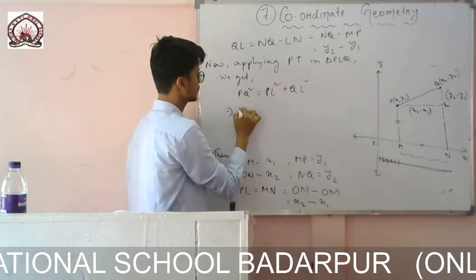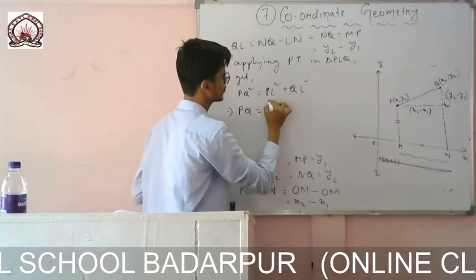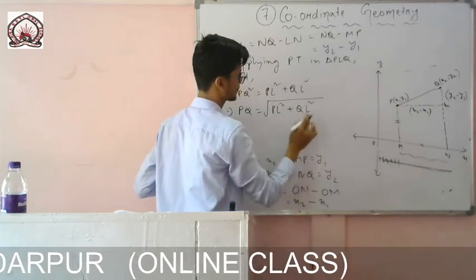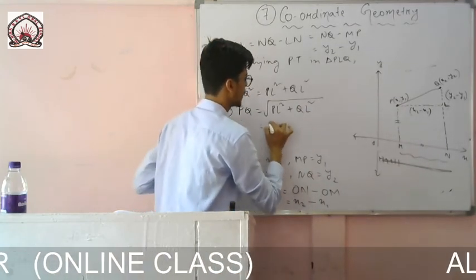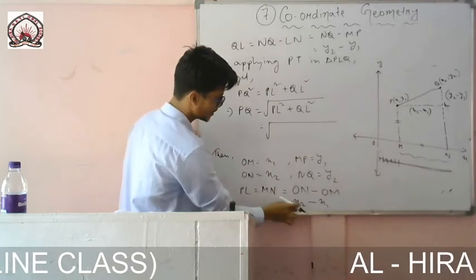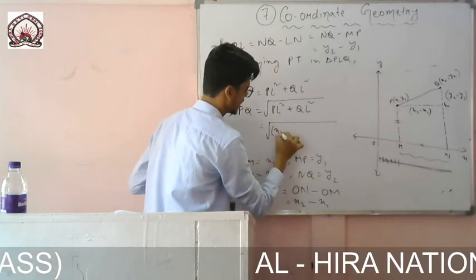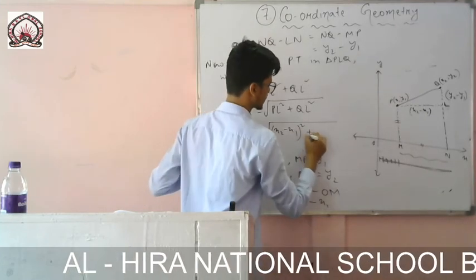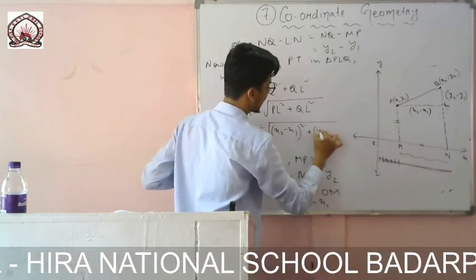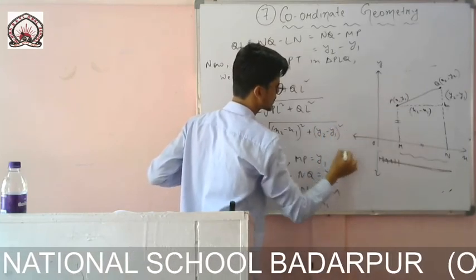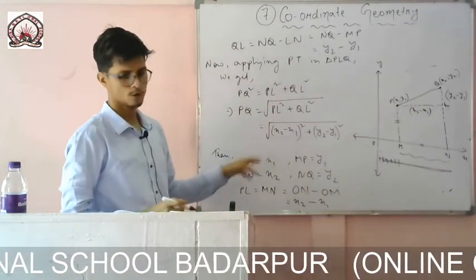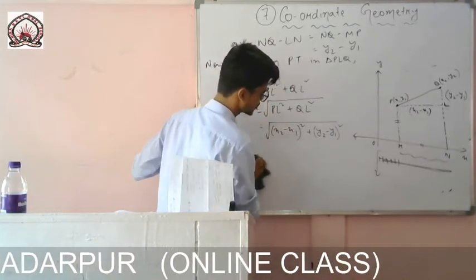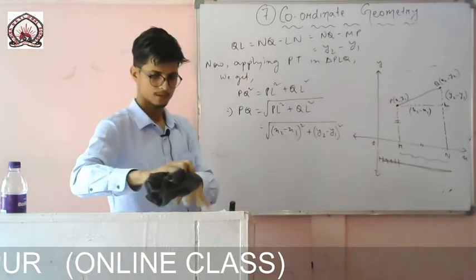If I remove the square from this side, it will be root over PL square plus QL square. Now PL, what is the value? It is x2 minus x1, squared, plus QL, which is y2 minus y1, whole thing squared. So this is the formula for finding the distance between 2 points if the coordinates are given.